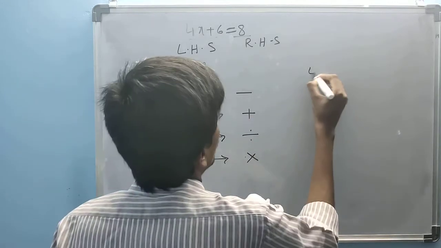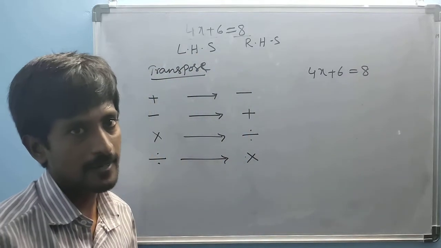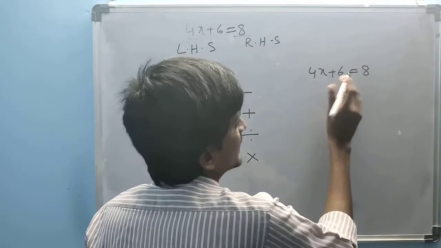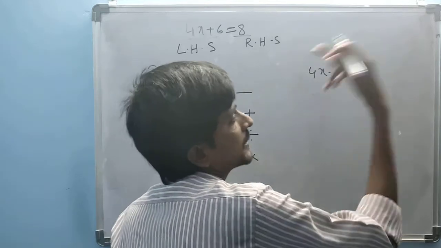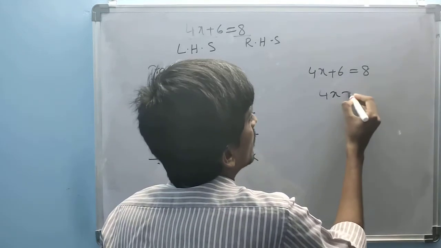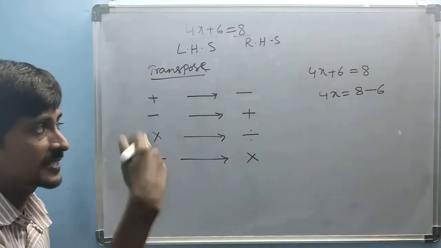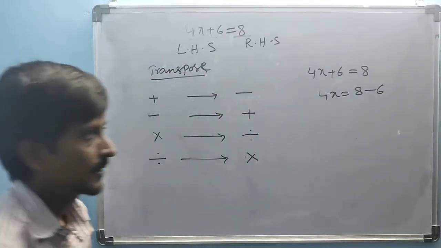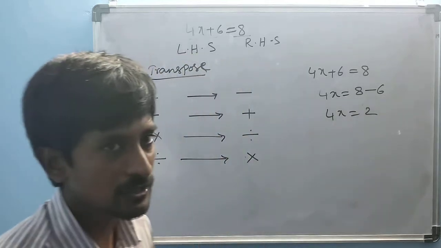For example, 4x plus 6 equals 8 is given. Here plus 6 is transferred to the right hand side: 4x equals 8 plus 6, and when transferred to that side, plus changes to minus. 4x equals 2, 8 minus 6 equals 2.